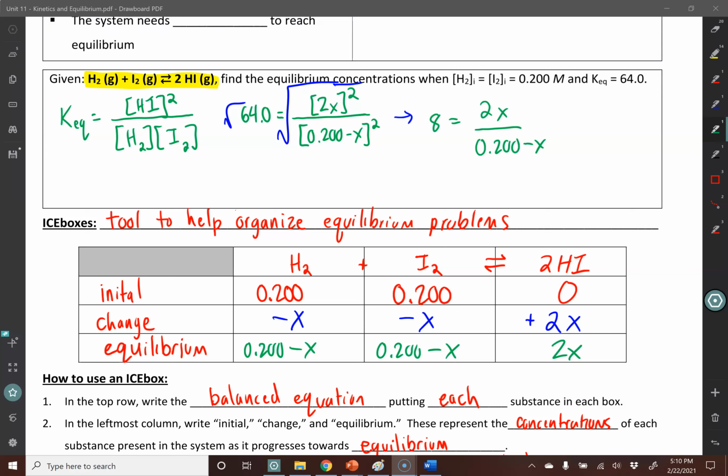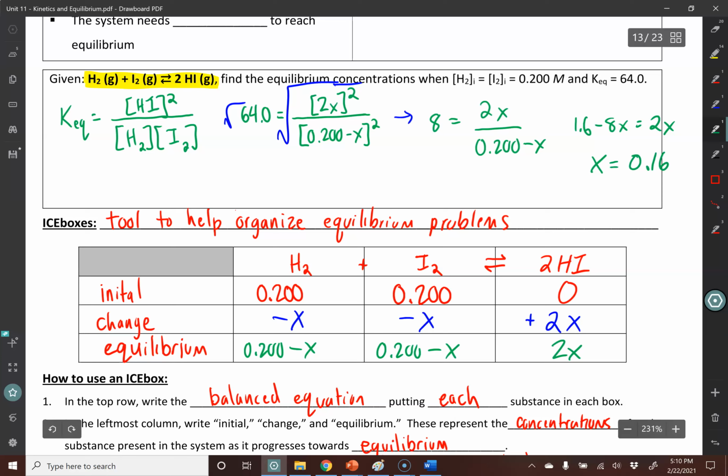So I can kind of just turn this all into 1.6 minus 8x equals 2x. And if I solve for x, since 1.6 is equal to 10x, 1.6 divided by 10 gives me 0.16. All right, so we've found the value of x, and since we're talking about concentrations, this is 0.16 molar.